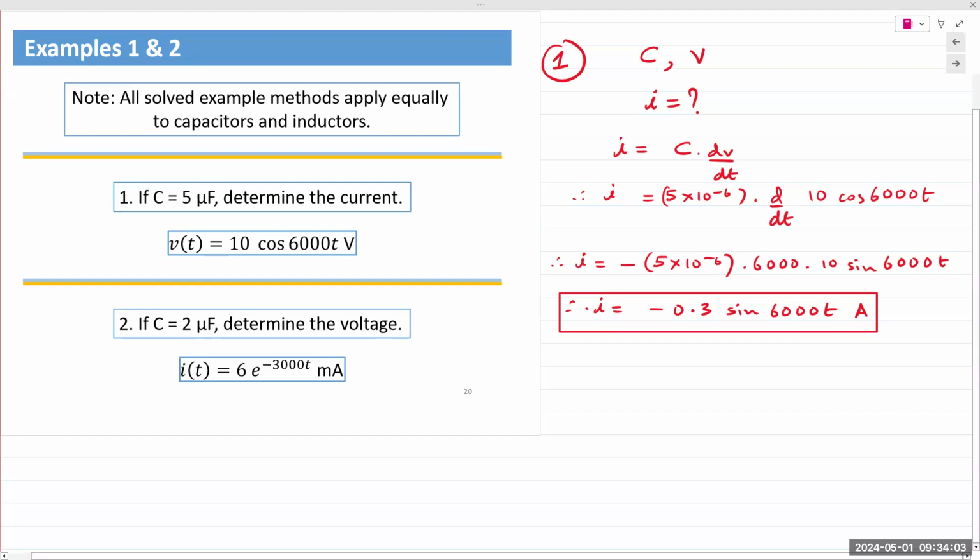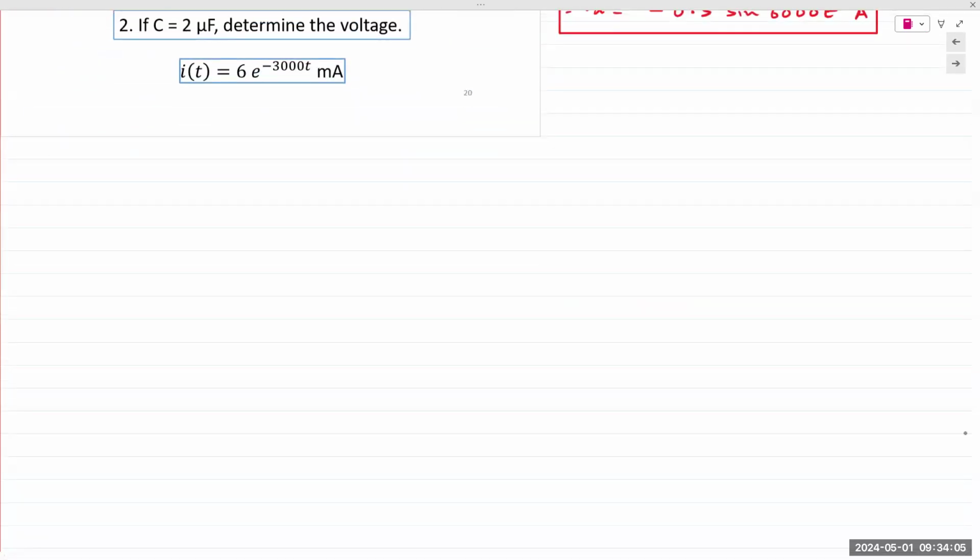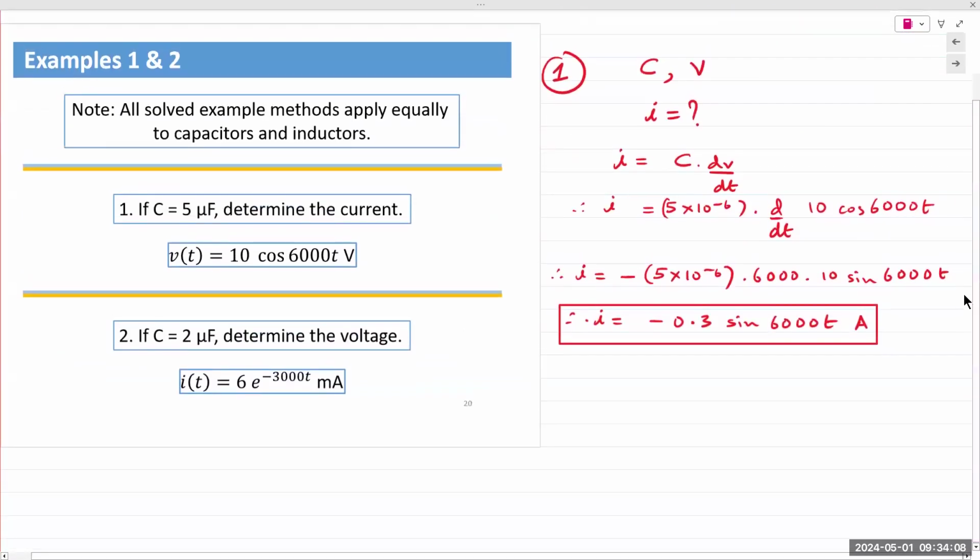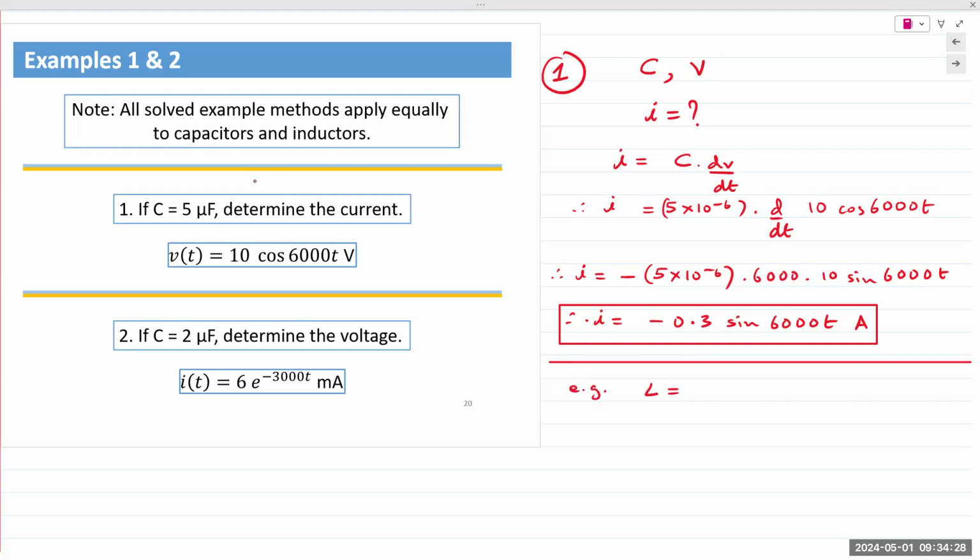If C is 2 microfarads, determine the voltage. Oh, coming back to that earlier point, this example 1 could be applied to an inductor. So if it's an inductor, the question could be, L is 5 millihenry perhaps, and then i of t would be given to you, and then v, the voltage for the inductor, would be asked.